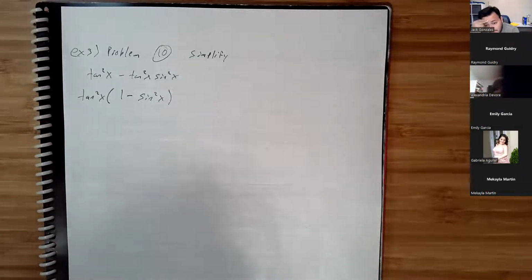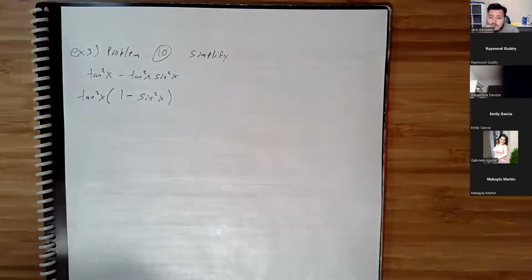As soon as I factored, you should see that 1 minus sine squared should be glaring at you. That's one of the identities. What is 1 minus sine squared equal to? From your page.